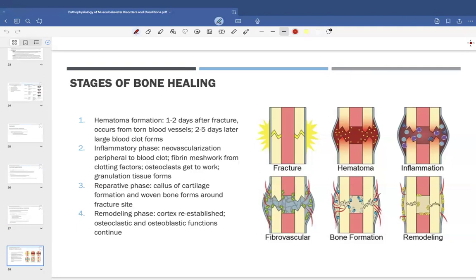And then there's a remodeling phase, because now you've got this big cloud out there, and it's going to continue to do its nip and tuck thing and trim it down. And all of a sudden, what you see 3 weeks, 5 weeks, 10 weeks down the road, even a year down the road, is completely different. And the bones will heal, and it looks amazing. It's an amazing process.